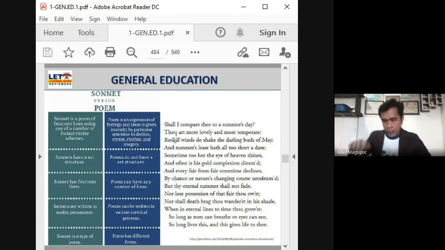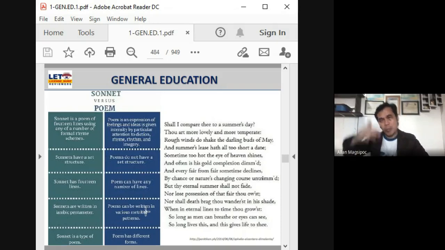Unstressed, stressed. Shall I compare thee to a summer's day. Five iambs in one line. Penta means 5. Yun ang itsura or structure ng isang sonnet, in which ang poem ay hindi ganoon.